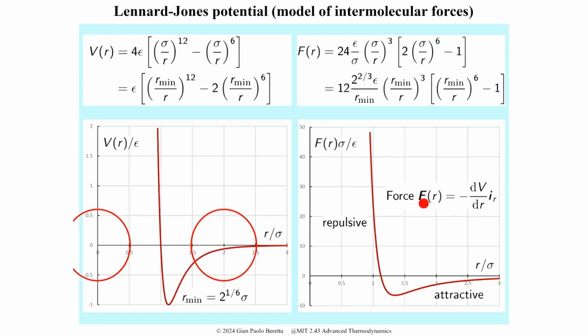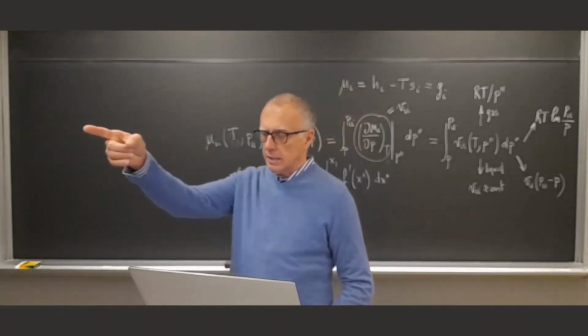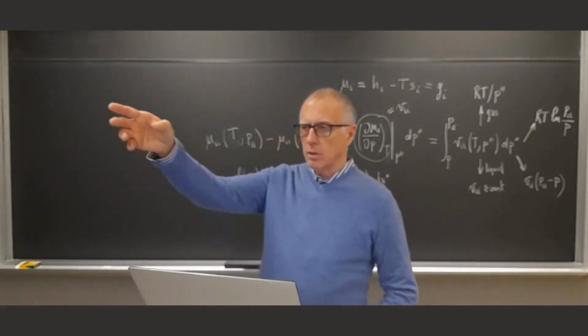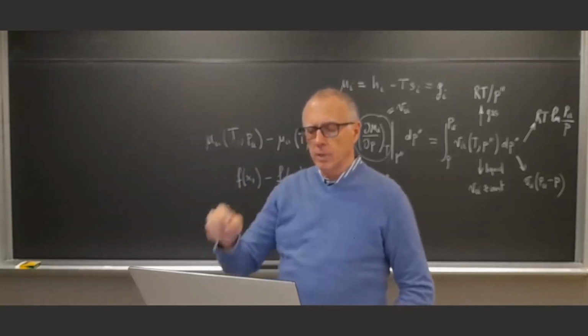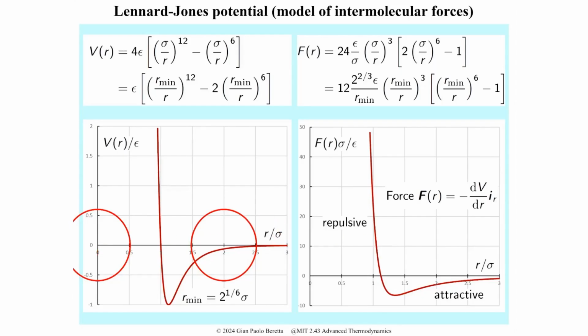So this force is a vector, and I_r is the vector that points in the direction outward, so farther from the molecule I am sitting on. On this axis, I_r is the unit vector in the r direction, in the right direction.